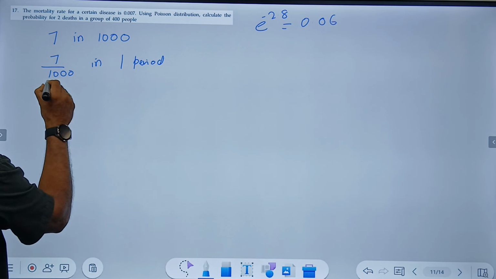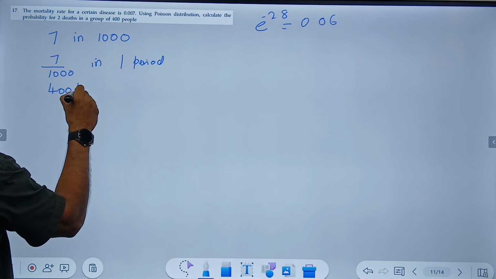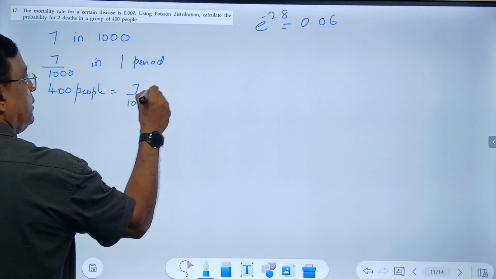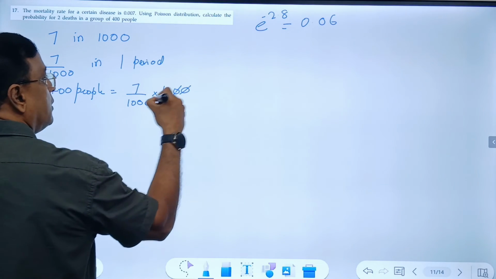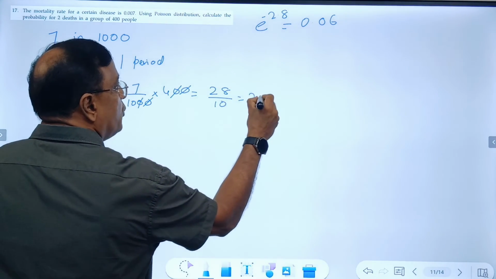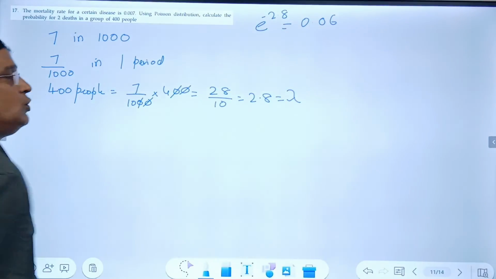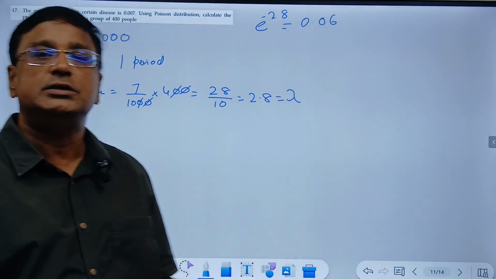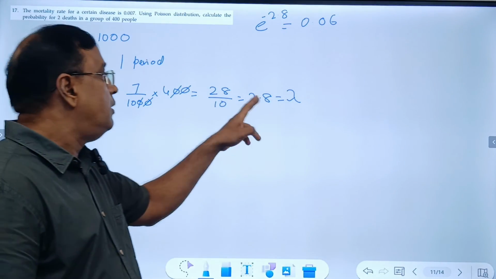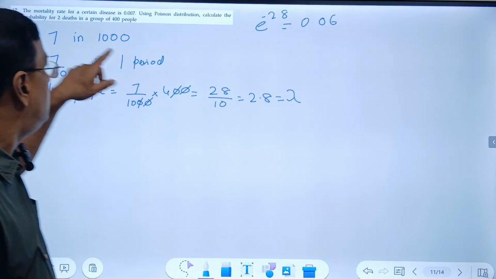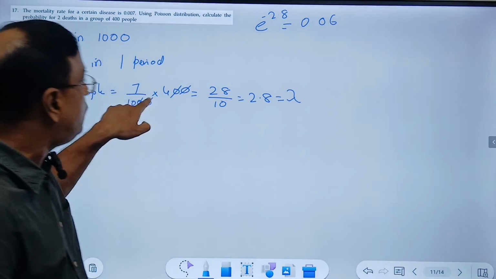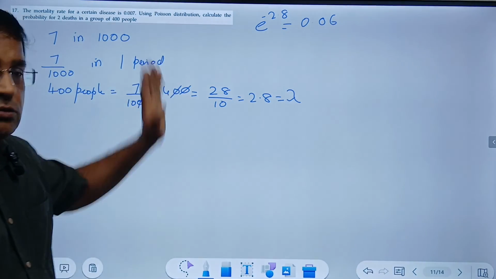I want to calculate for 400 people. So for 400 people, it will be 7 by 1,000 into 400, which is 28 divided by 10, which is 2.8, is my average. 2.8 is the average number of people who die out of 400, whereas 7 is the mean for 1,000. I am converting it for 400 because that is what is asked in the question.